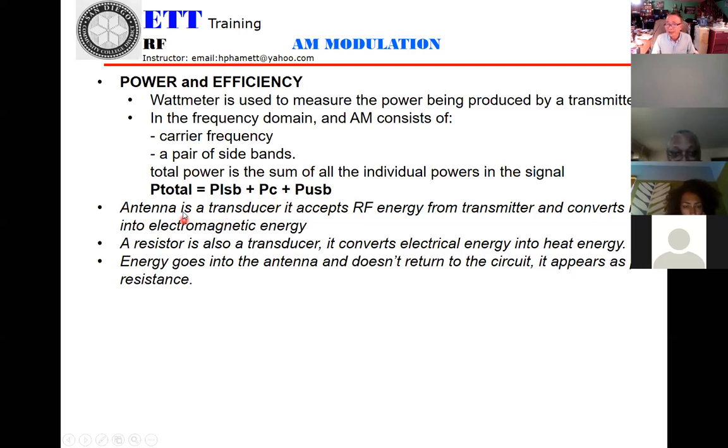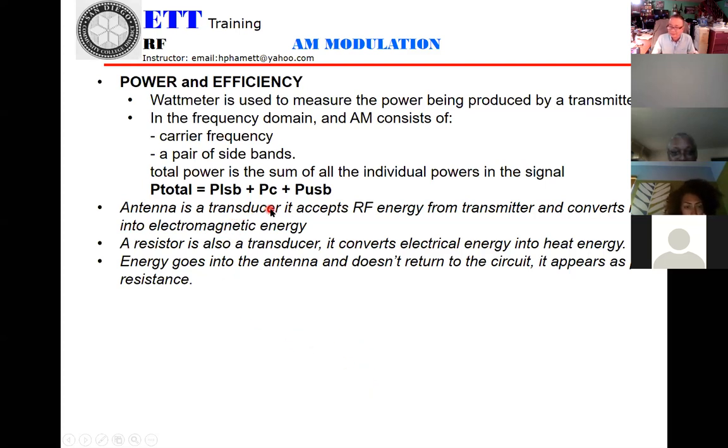So if you want to calculate the total power, then you have to add the power of the lower sideband plus the power of the carrier plus the power of the upper sideband.